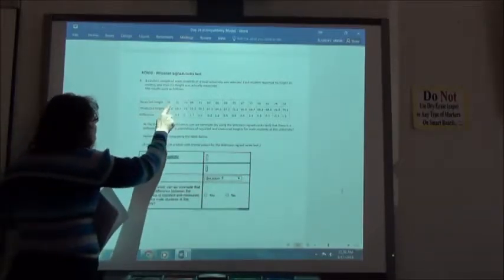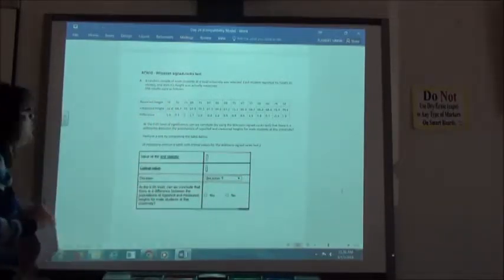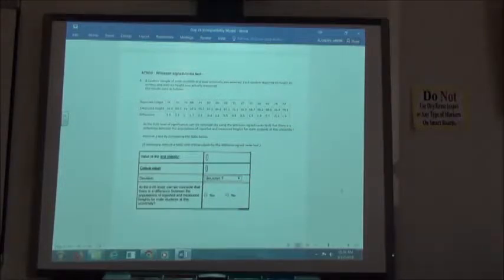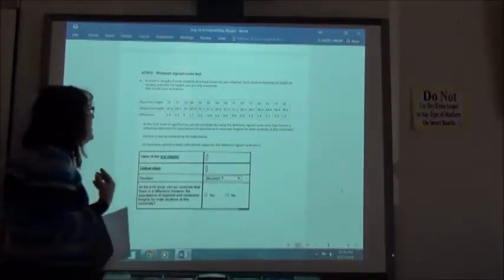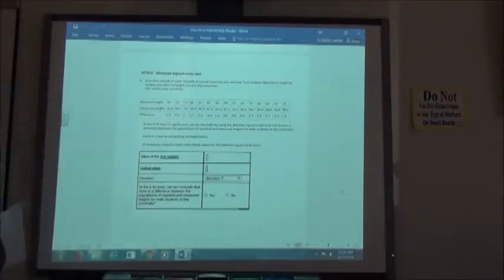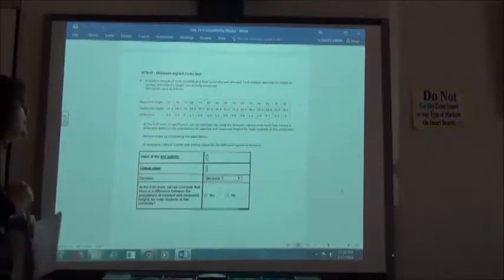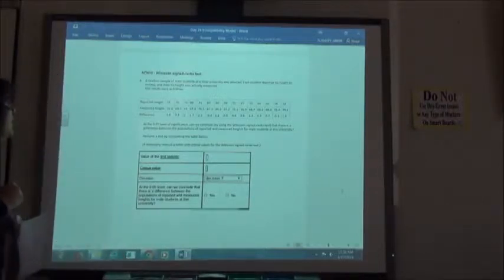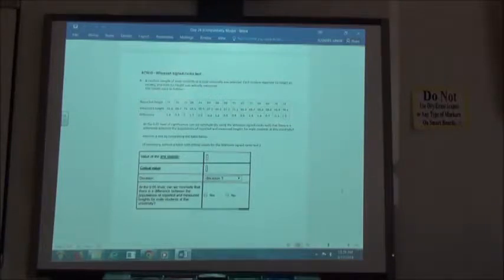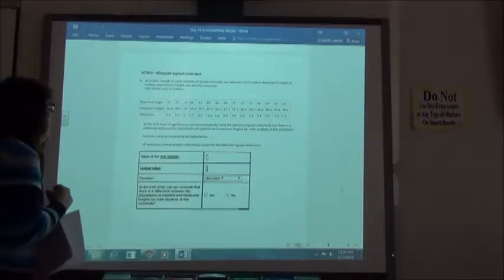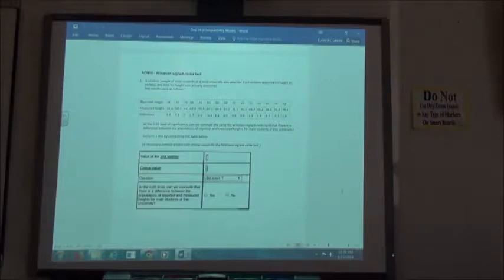He reported 74, his actual measured height was 72.4, a difference of 1.6. So at the 0.05 level of significance, can we conclude by using the Wilcoxon signed ranks test that there is a difference between the populations of reported and measured heights for male students at the university? Complete the table as we did before.